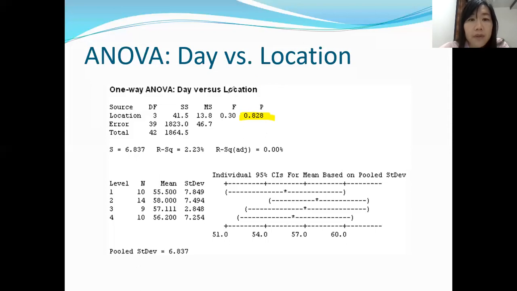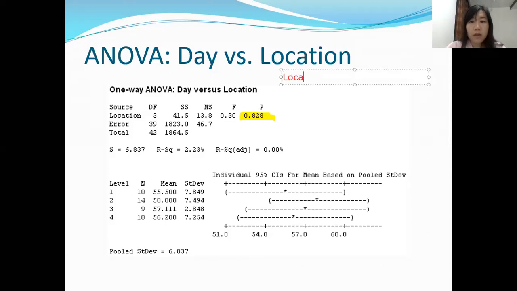Yeah. So this is more than 5%. It means that the location is not significant.